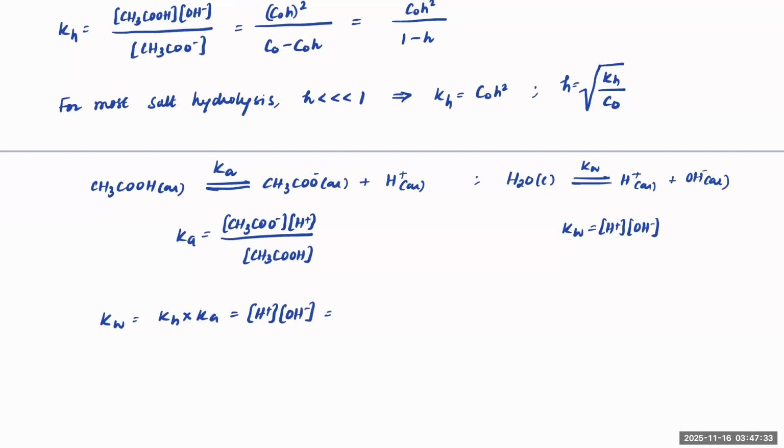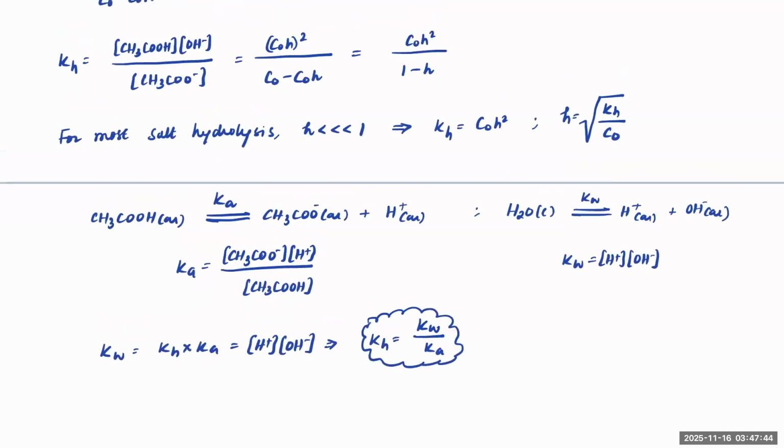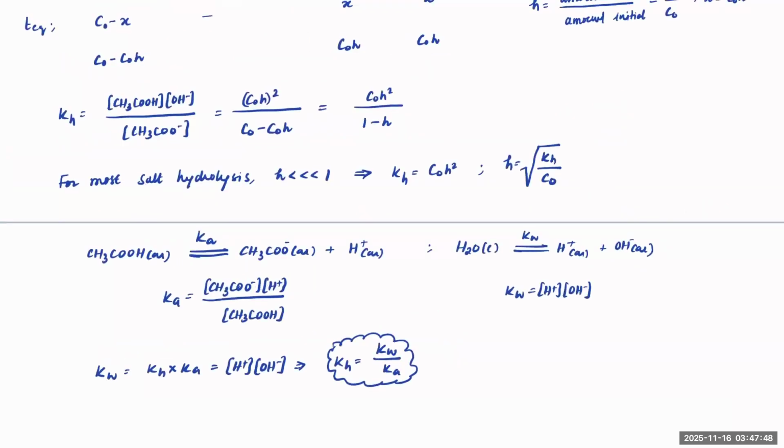So that implies Kh can always be replaced as Kw by Ka. This you have to remember as a part of the derivation. Very important: how to represent Kh in terms of Kw and Ka. In most questions, Kh value is not directly given, but you know how to relate Kh with Ka and Kw.